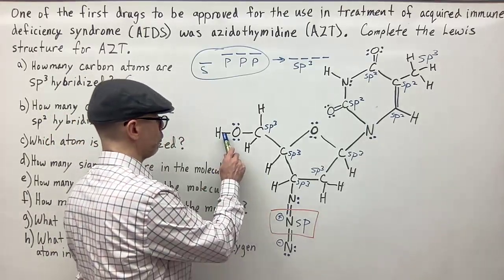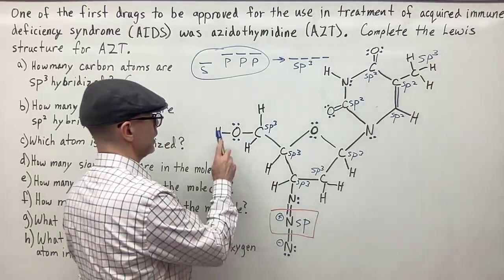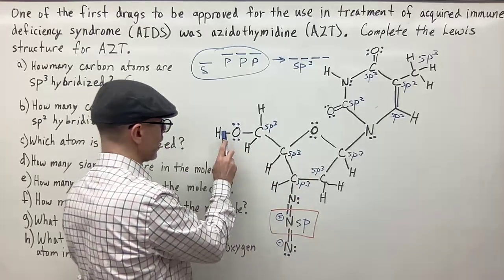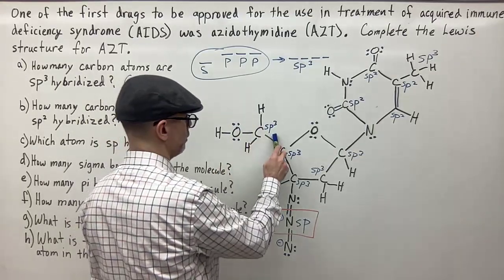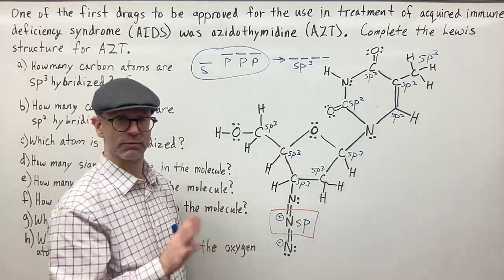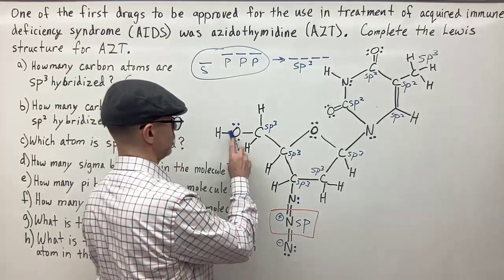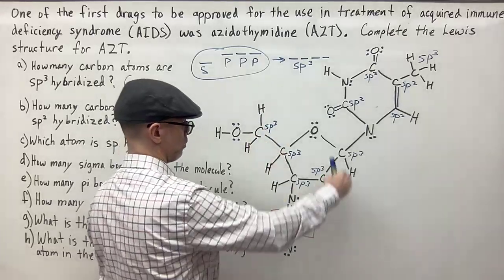So here you have 1. So all we have to do is just count all the bonds, including double bonds. So here we have 1, 2, 3, 4, 5. So this is where you've got to be careful of counting, right? You've got to make sure you count everything correctly. So 1, 2, 3, 4, 5. And then I'm going to work my way around.